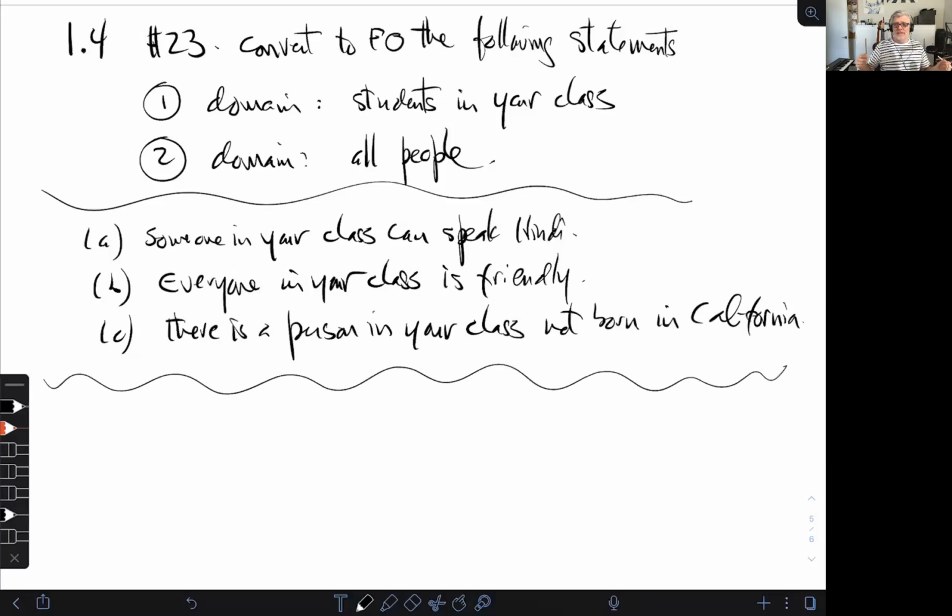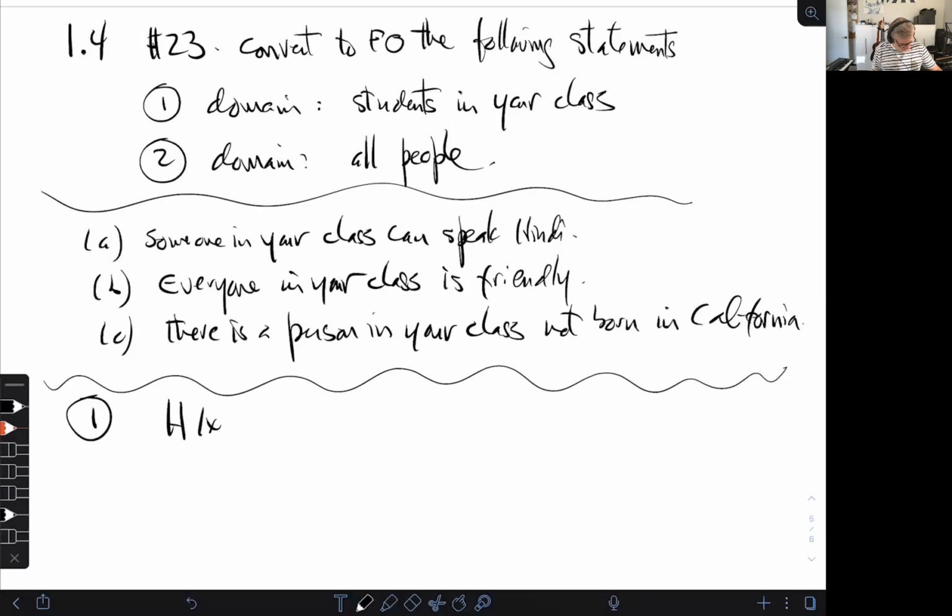So first of all, I need symbols for the predicates involved. Now I'm in part one. The domain is students in your class. For A, I'll need the predicate can speak Hindi, so I'll call that H(x): x can speak Hindi.